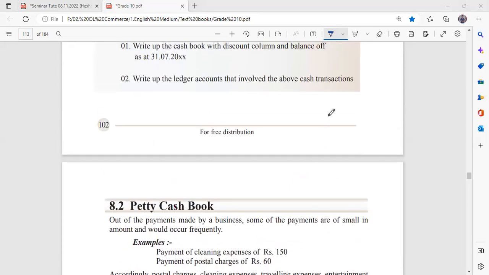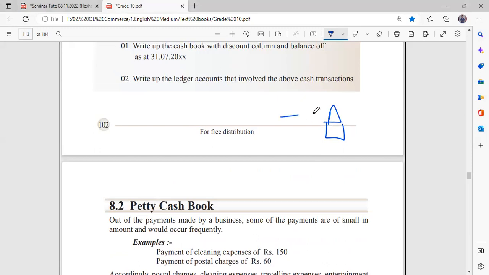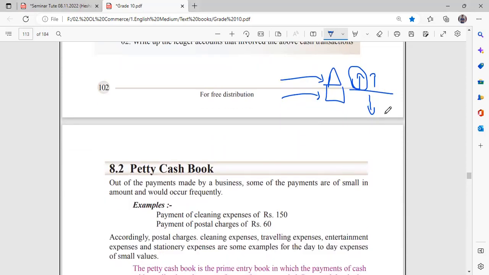As I told you, in our business, though we received cash and though we received a check, if we deposited it on a later date, we record it in the cash book as a cash receipt, and we divide our cash payments into two types: payments below the petty cash level and payments above the petty cash level using cash and check. Payments above the petty cash level using cash and coins, we record in the cash book on the credit side. And now we are going to discuss the petty cash book, which means payments below the petty cash level. Now this is very important.